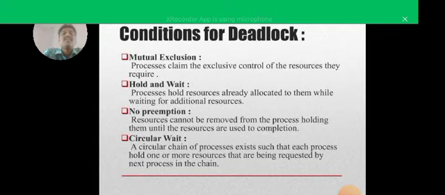Circular wait means a circular chain of processes exists such that each process holds one or more resources that are being requested by the next process in the chain. Like a chain, the resources are linked. So one is allotted, another one is requesting. So this happens in deadlocks.